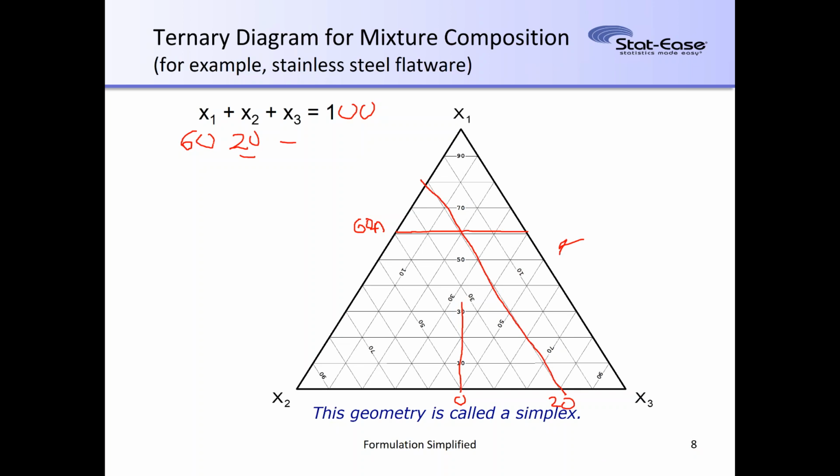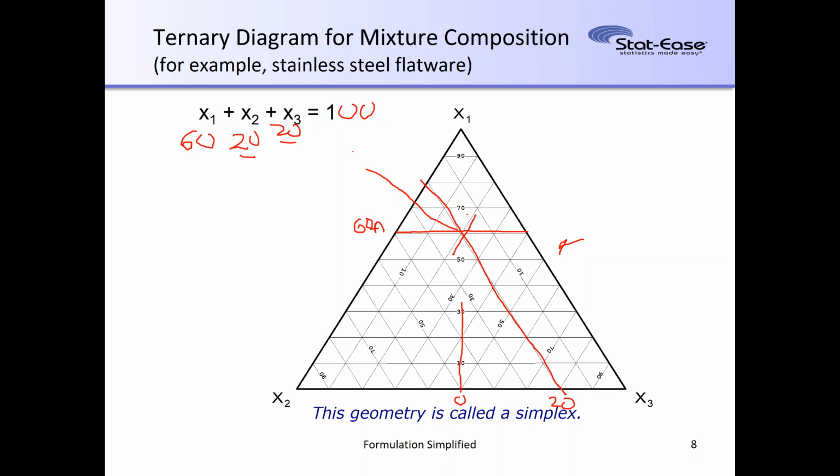And now, without actually knowing what X3 is, I can read it off the graph because I'm going to go from the left side and I'm going to read off 10, 20%, and hopefully that adds up to 100 if I did my math right. So that's pretty cool, I think.